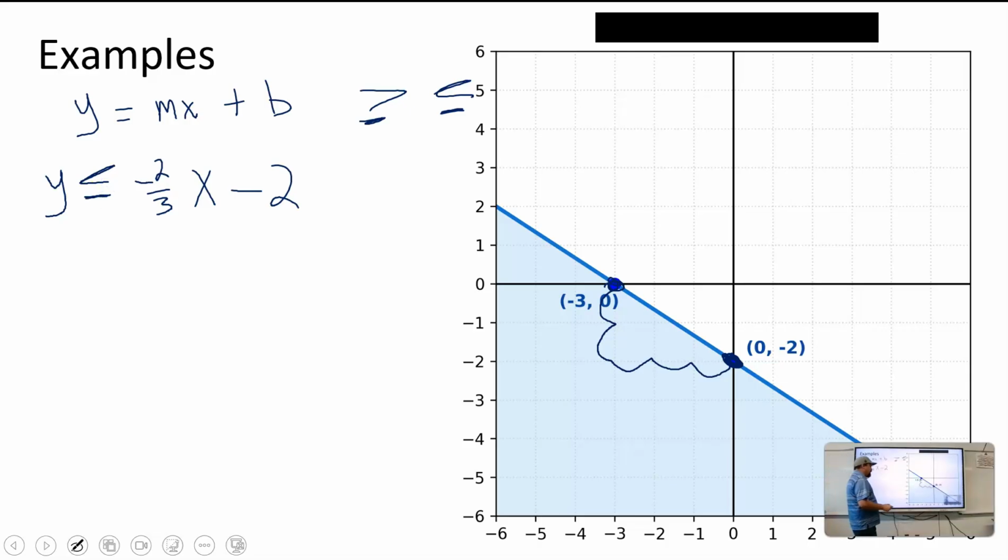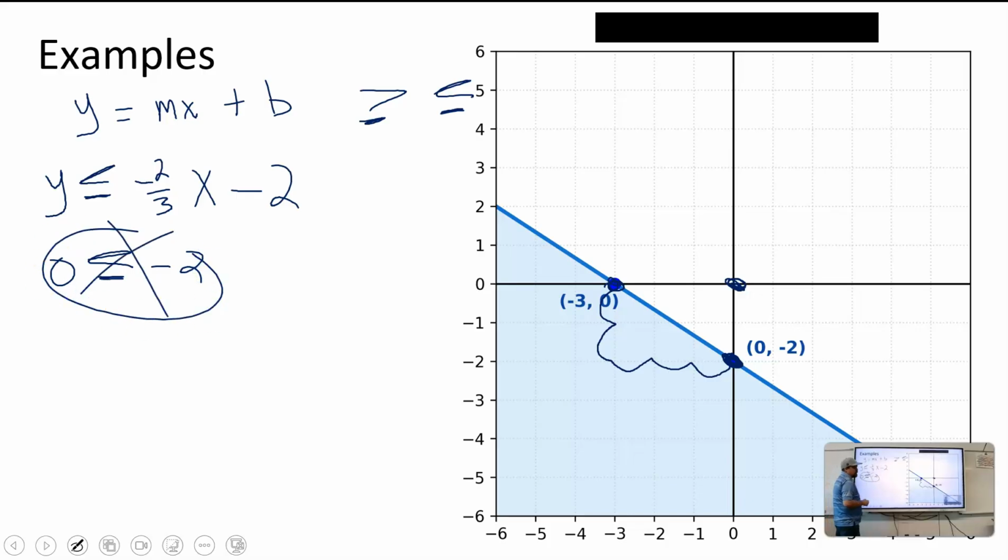Okay, let's pick 0, 0 again and plug it in and see if it works for our equation. We have 0 is less than or equal to -2, which is not true, which is what I expected because it's outside of the shaded area. So we have our linear inequality.